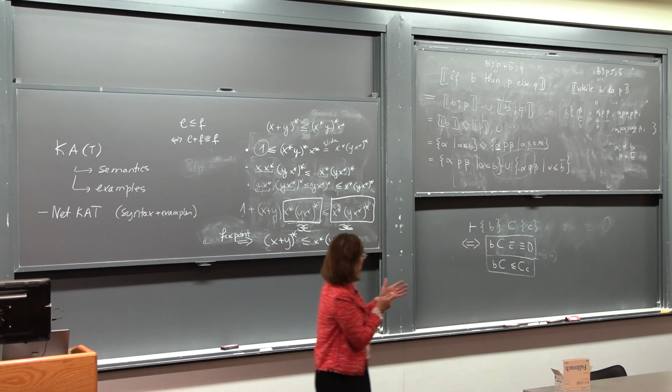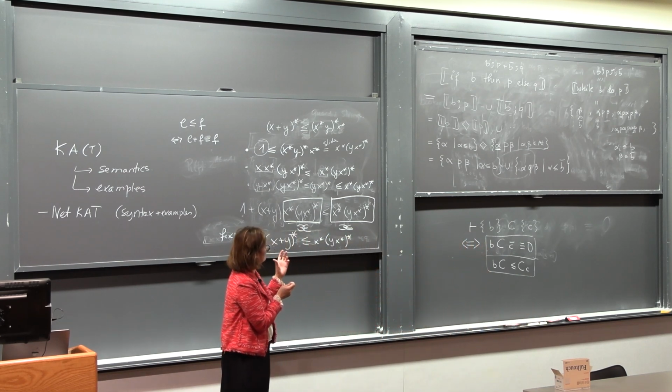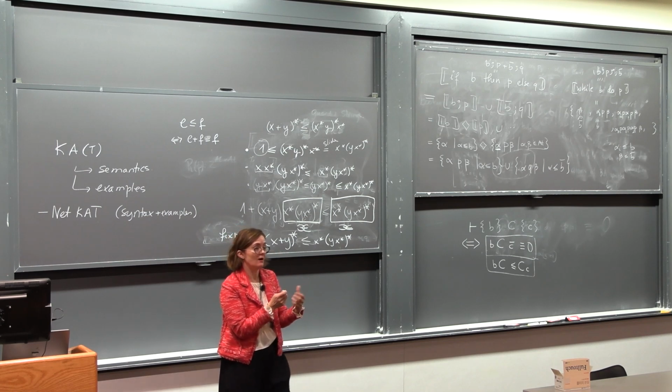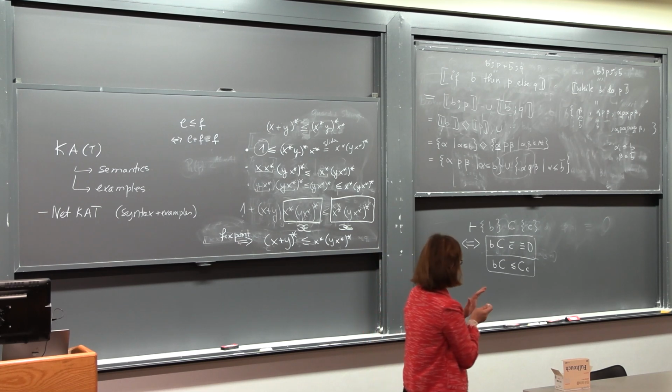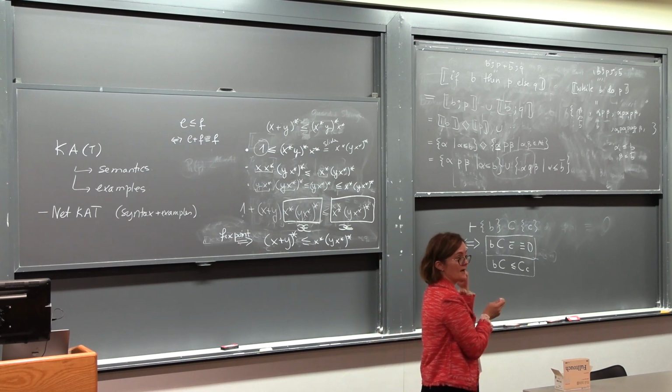And that is why automata-based procedures to talk about equivalence are the norm for implementations. Even though in terms of complexity, deciding things with axioms is the same complexity as deciding with automata, ultimately in terms of mechanizing the procedure, it is much easier to mechanize the automata procedure.